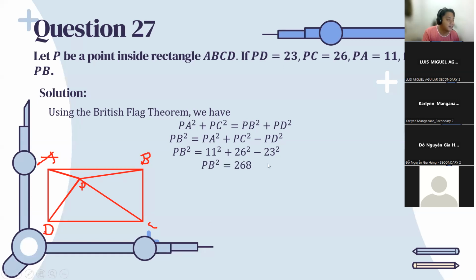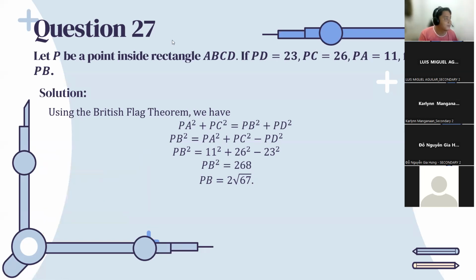And then you'll get PB squared is equal to 268, which when you get the square root, you'll get 2 square root of 67. So that means that this is the length of PB, 2 square root of 67. Okay, so let's proceed to 28.